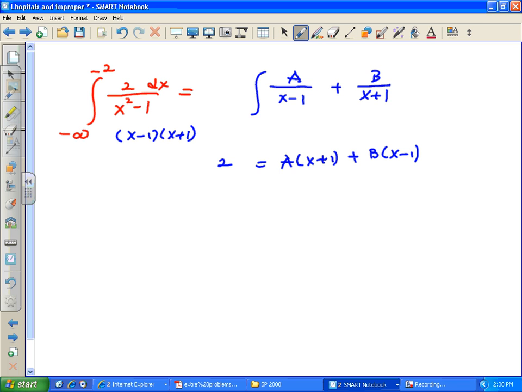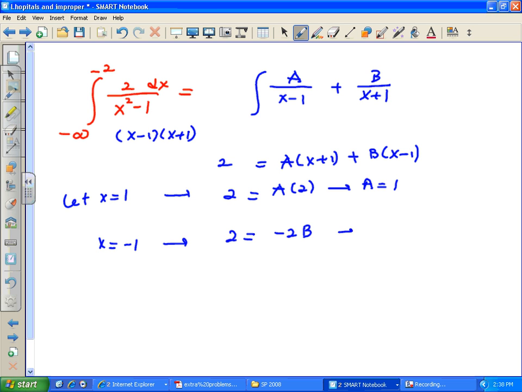Now to find a and b, first let x be equal to 1, then let x be equal to negative 1. If x is 1, we get 2 equals 2a, so a equals 1. If x is negative 1, 2 equals negative 2b, so b is negative 1.